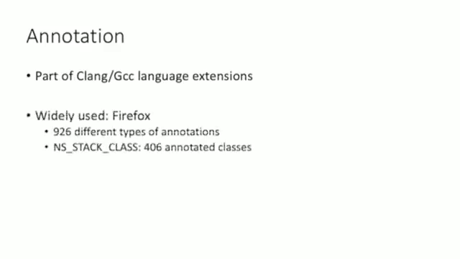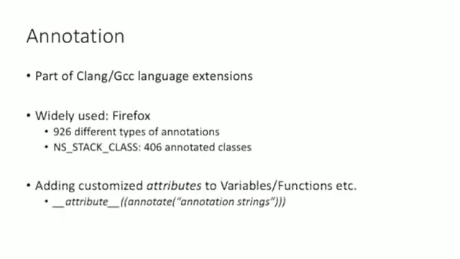So first of all, our technique uses annotation. Annotation is actually very popular. I think including Linux, Firefox, Vim, basically all the software currently is using the language extension. It's supported by GCC and Clang, basically by most of the compilers. It's widely used. For Firefox, we have observed more than 900 different types of annotations.